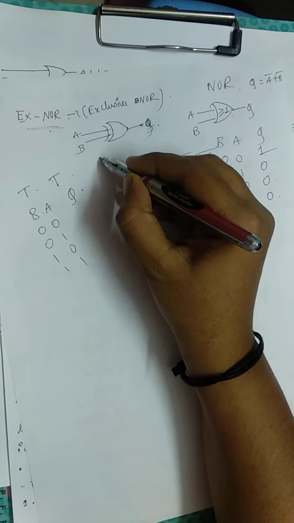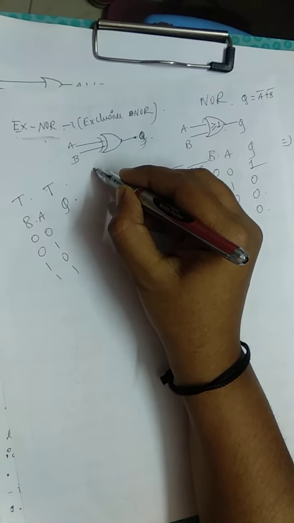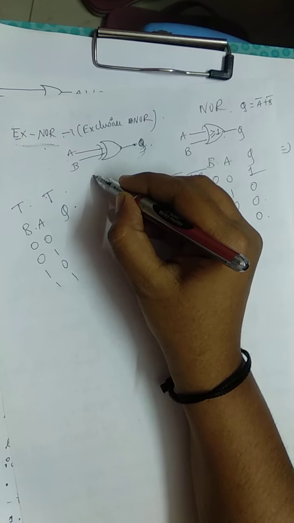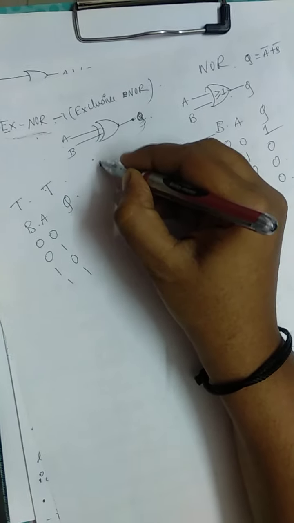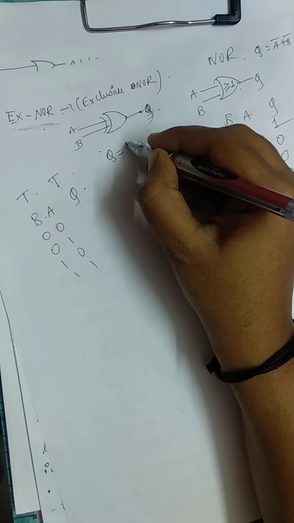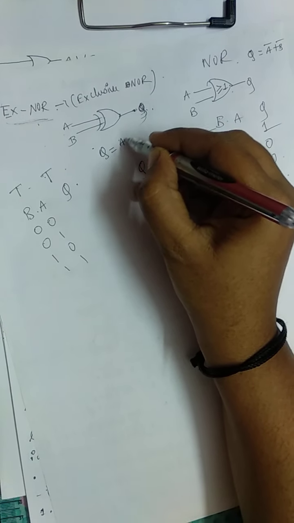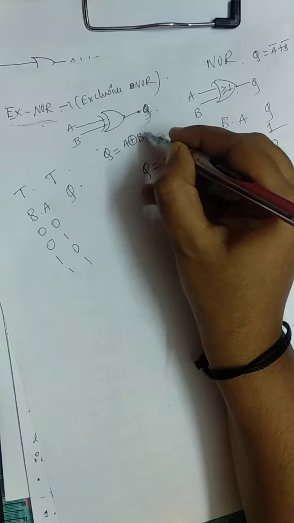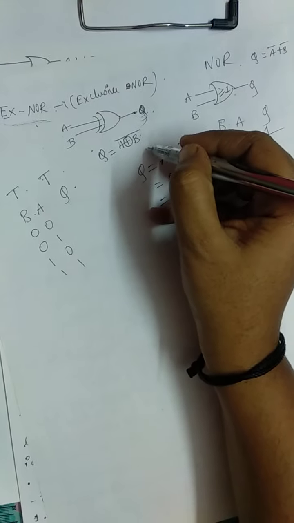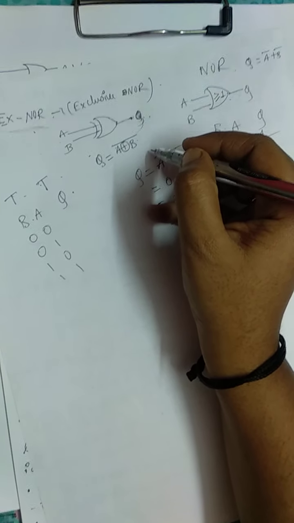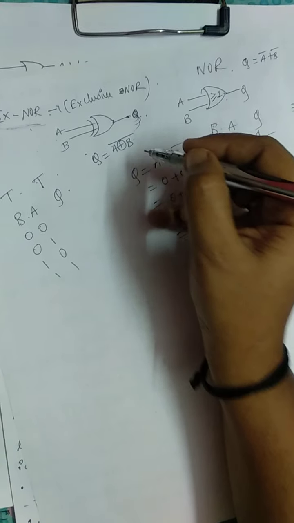You can say Q is equal to A plus B whole bar. So this is the function of the XNOR gate.